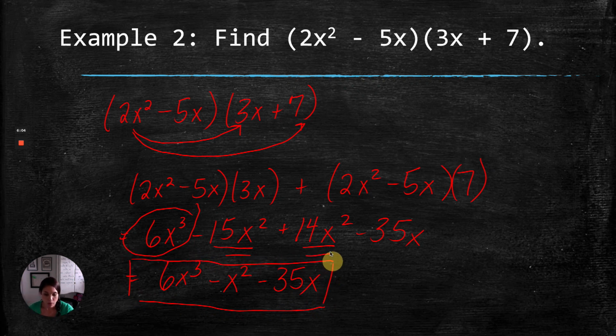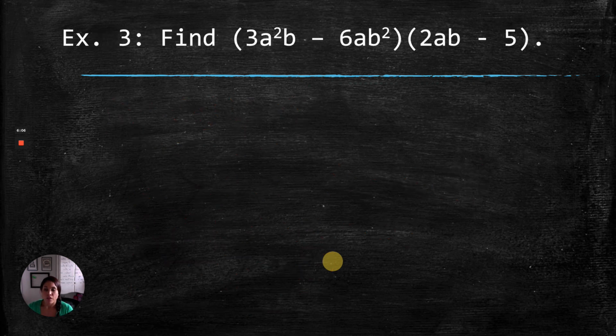Okay, let's do another problem. Find 3a squared b minus 6ab squared times 2ab minus 5. So we're going to apply the distributive rule.